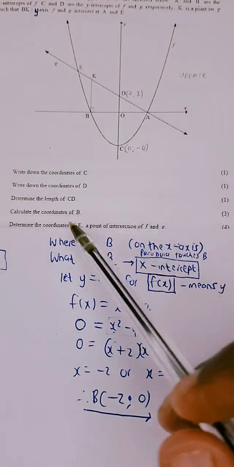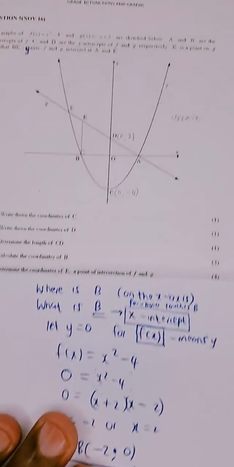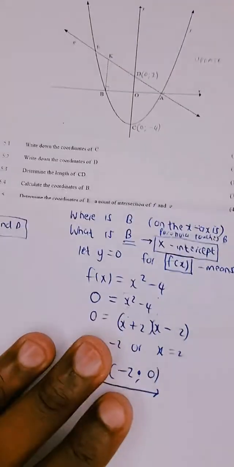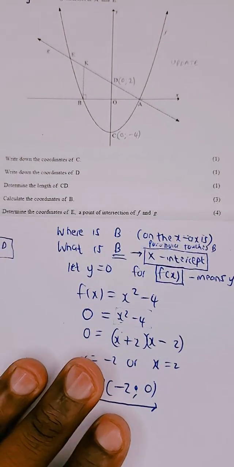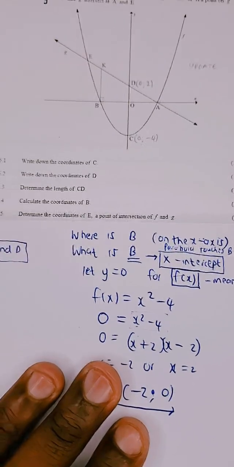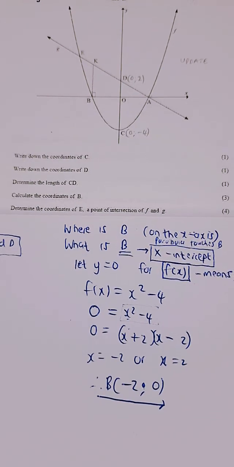Determine the coordinates of E, a point of intersection of F and G. I think someone asked about the grade 8 live that I did yesterday. I couldn't complete that, but we're going to do it at another time, not today, because I don't even have that in front of me right now.